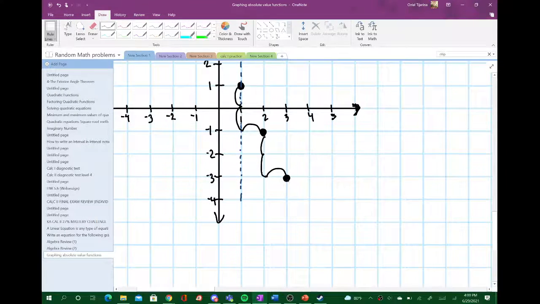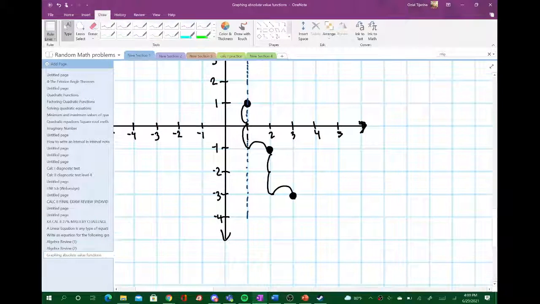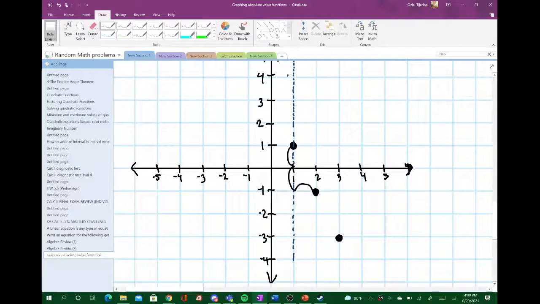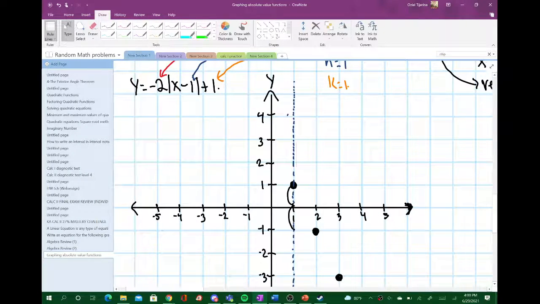It goes off the grid, but you don't have to include that last point. I'm only showing these little curves here so that you guys can see how exactly I'm doing it.